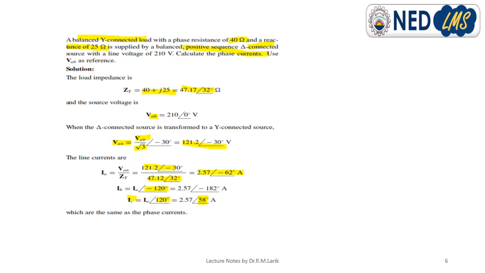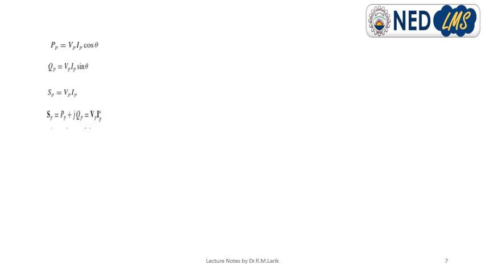Let's move to another problem. Before moving to the problem of power, we must know the types of power. One is active power, that is true power, whose unit is kilowatts, kW. It is the phase voltage multiplied by the phase current and the cosine of the angle between voltage and current.